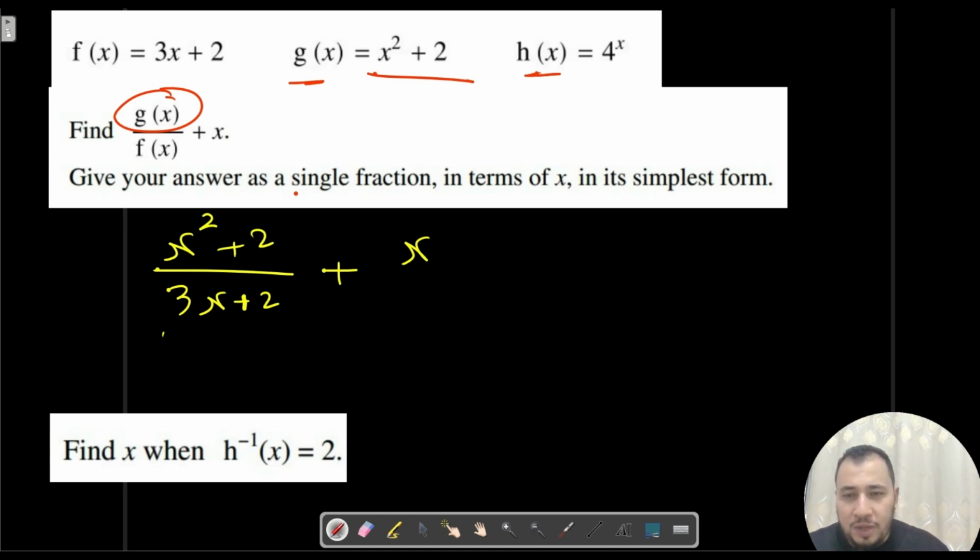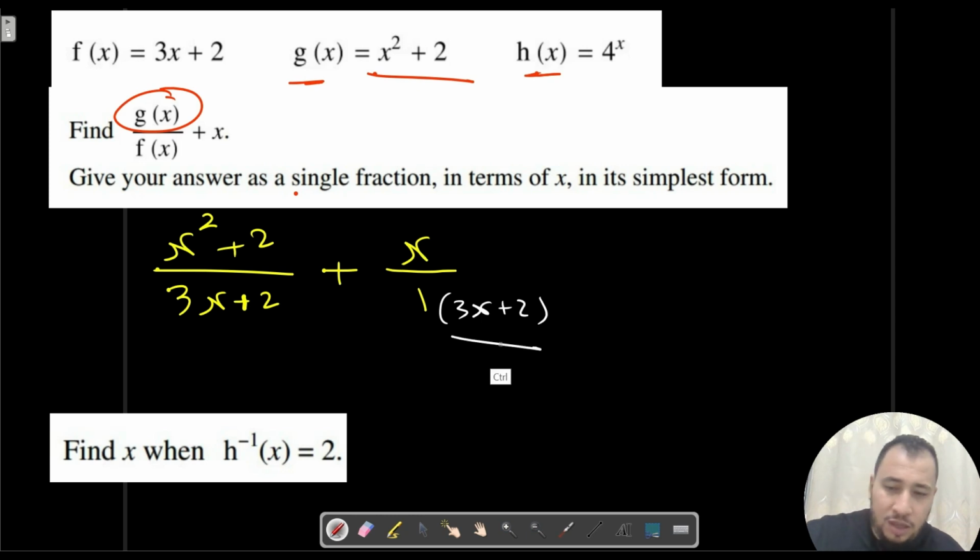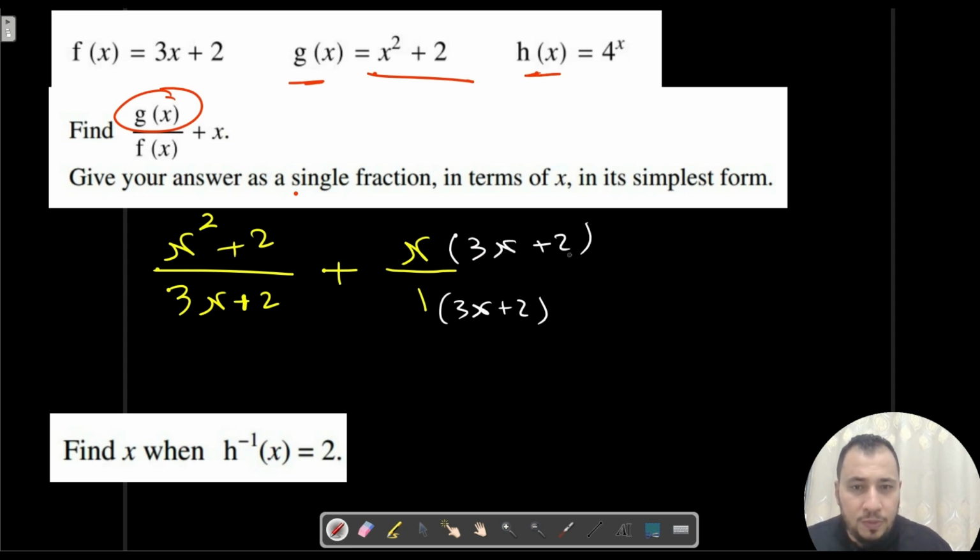What is our denominator here? 3x plus 2. What is our denominator here? Our denominator is 1. Okay, this is simple. I can simply multiply this one by 3x plus 2 to make it 3x plus 2 like this. And remember, when you multiply by that expression, you have to multiply it also in the numerator. So 3x plus 2.